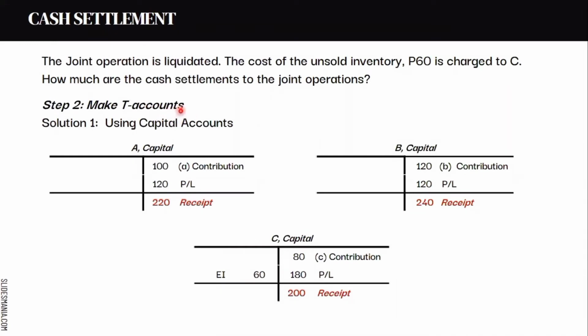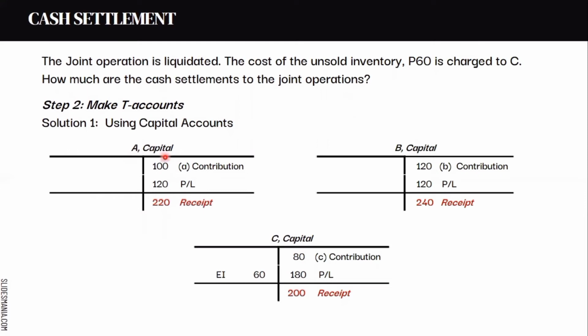So they also have two accounts used here, which are the capital account and the joint operation account. Okay? The capital account is like a personal account where their cash receipt is on the credit side. So it means that if it has a credit balance, it is a cash receipt; if it has a debit balance, it is a cash payment.